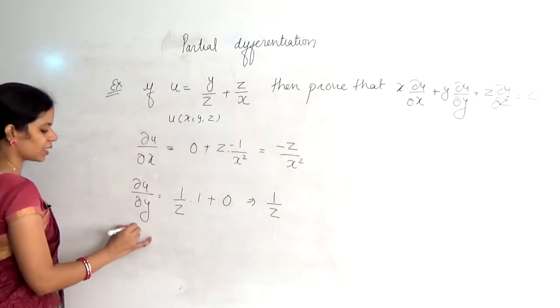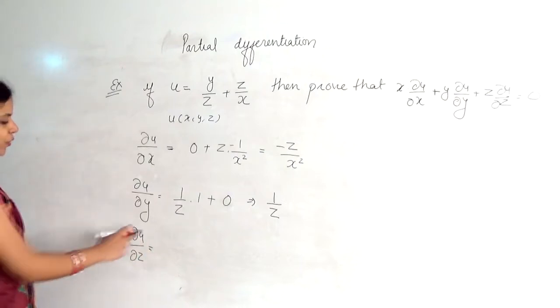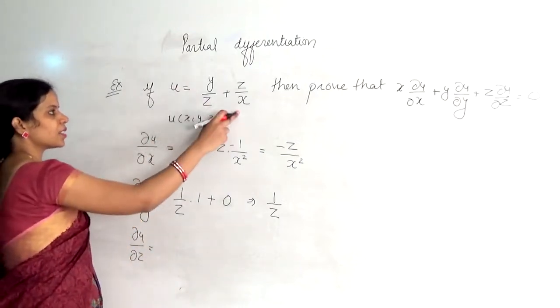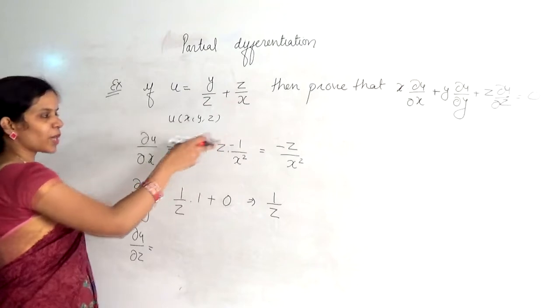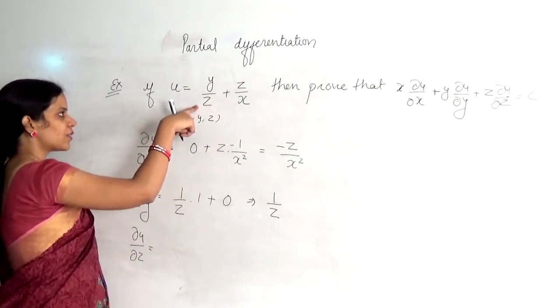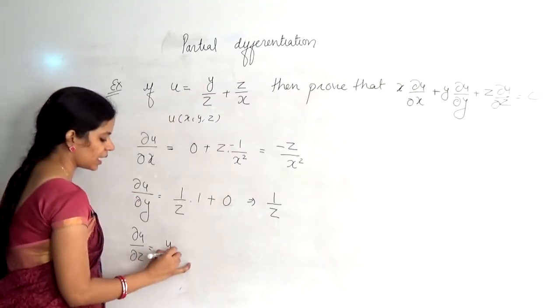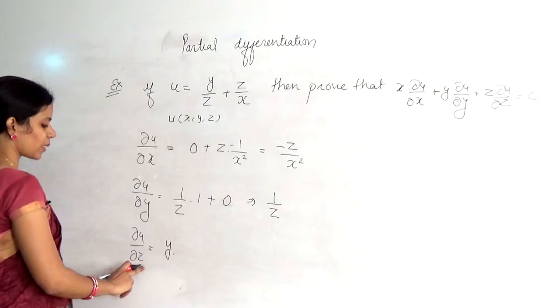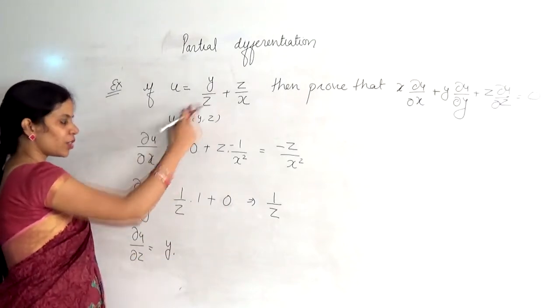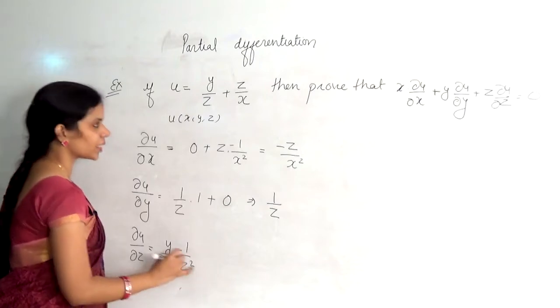Next we will find del u upon del z. To find del u upon del z, we will differentiate these terms with respect to z by keeping x and y constant. Here y is constant and the differentiation of 1 upon z with respect to z will be minus 1 upon z square.